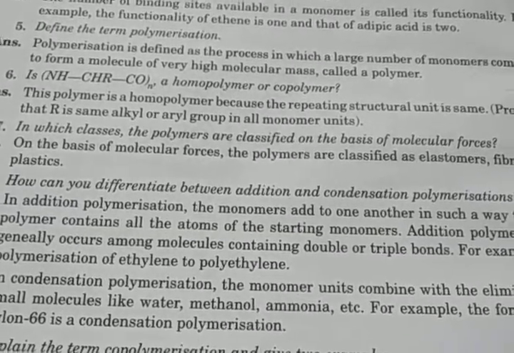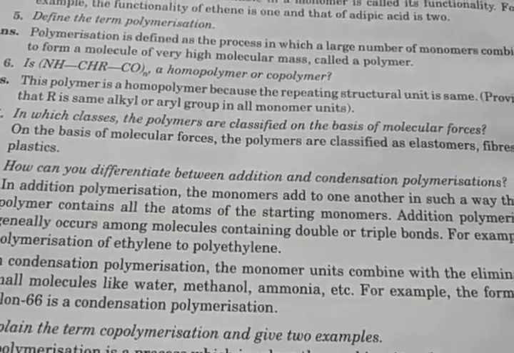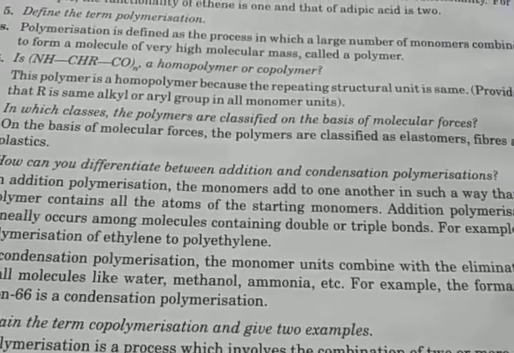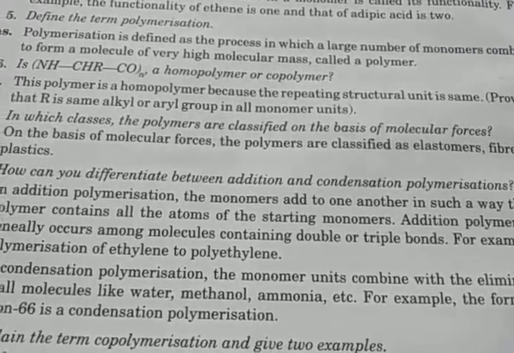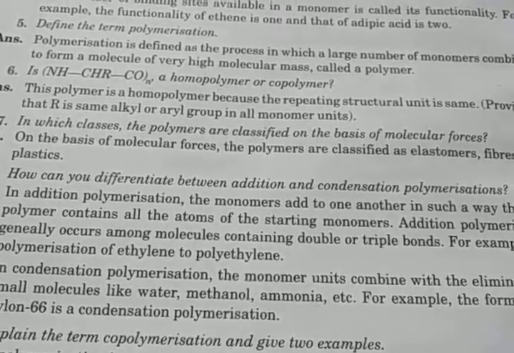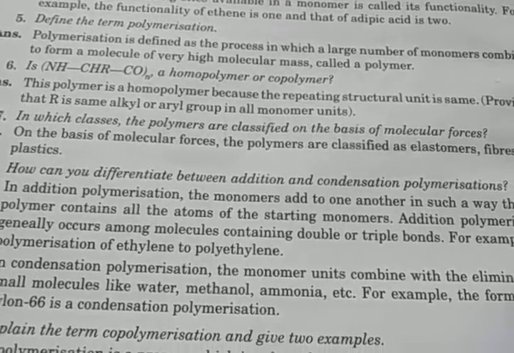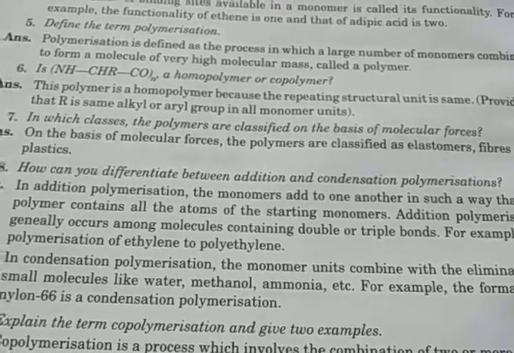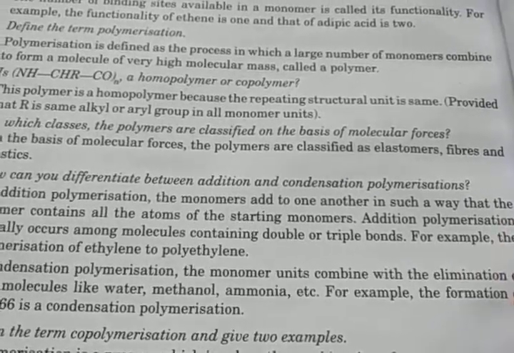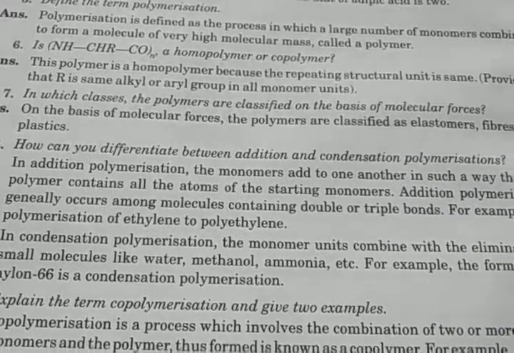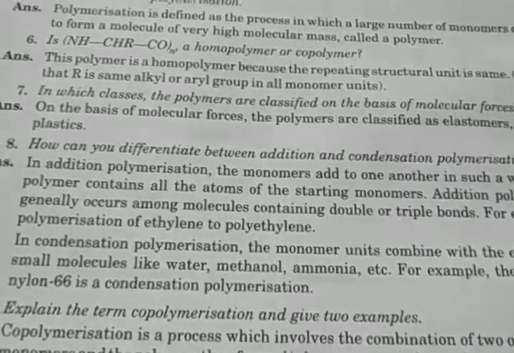But in condensation polymerization, the monomer units combine with elimination of simple molecules like water, methanol, ammonia, etc. So this is the main difference between addition and condensation. An example of addition polymerization is ethylene to polyethylene, and a condensation polymerization example is nylon 66.